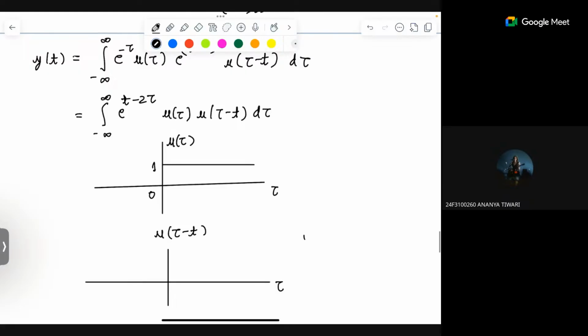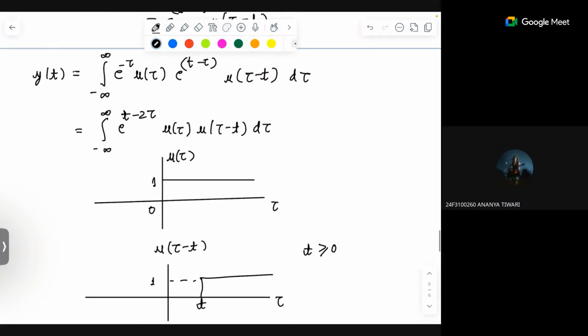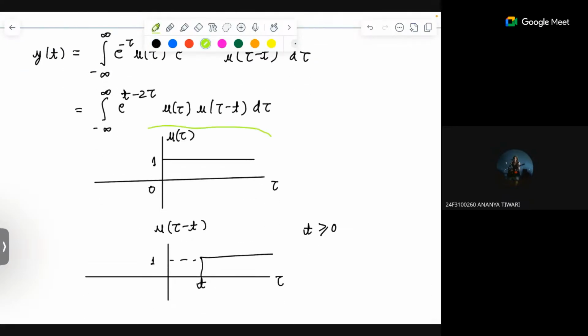So this is u of tau. Before 0 it is 0, and from 0 it is 1. Now let us draw u of tau minus t. Here I will assume that t is greater than or equal to 0. So if t is greater than or equal to 0, tau minus t will be a delay. If it is a delay, will my signal move to left or to right? Right. Yes, in delay it will move to right by t. Now we are multiplying these two.